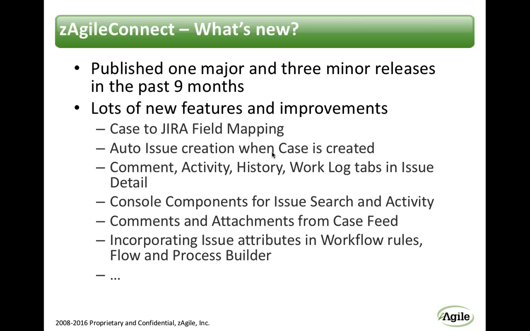Examples of that would be copying case number into JIRA issue label. So that allows you to do quick searches on a particular case within JIRA if you want to know which issue was associated with it and what the status is. So that's really to help product development team track what they're doing relevant to any customer or any case.